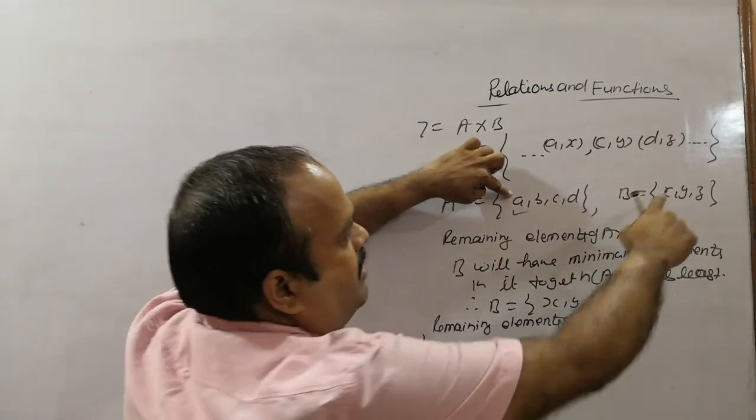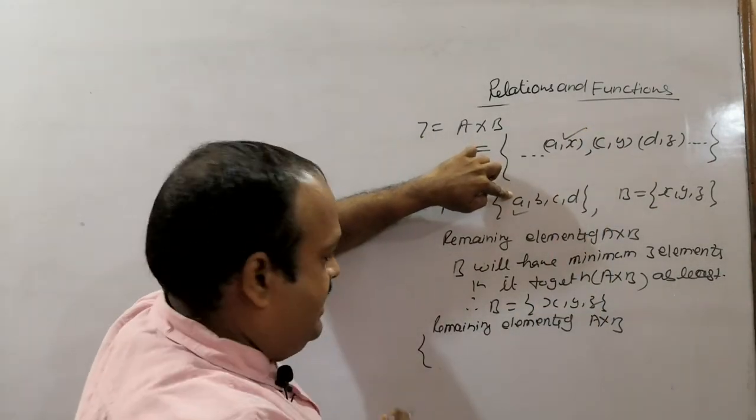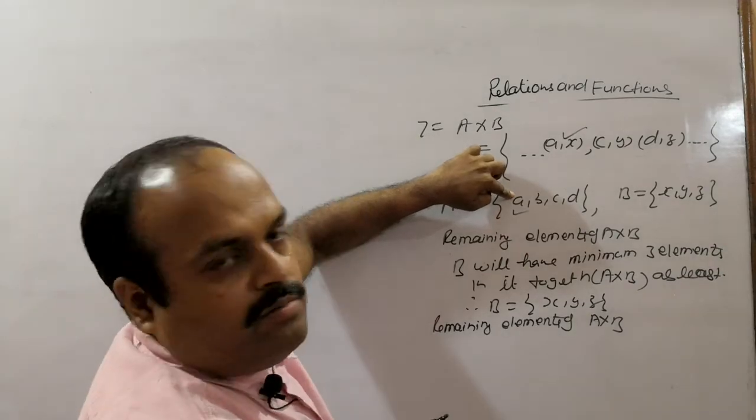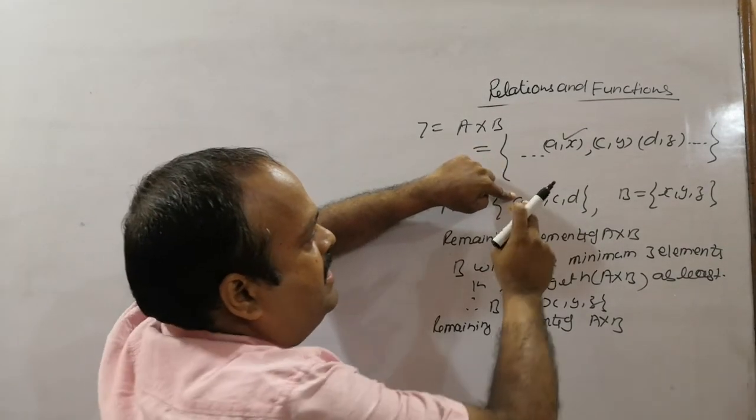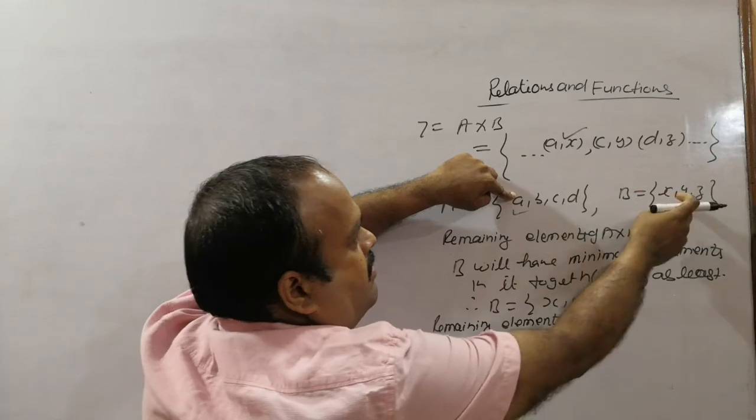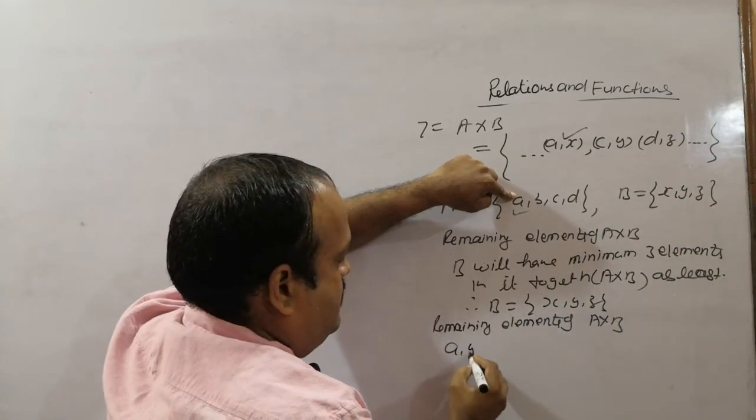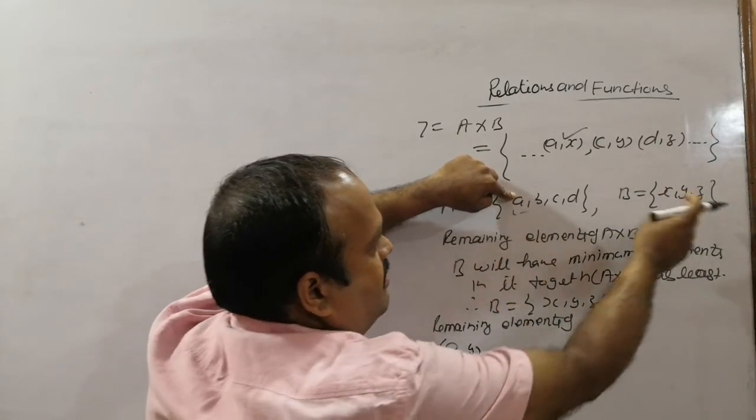A comma x we have already written, no need to write again. Second will be a comma y. Third will be a comma z.